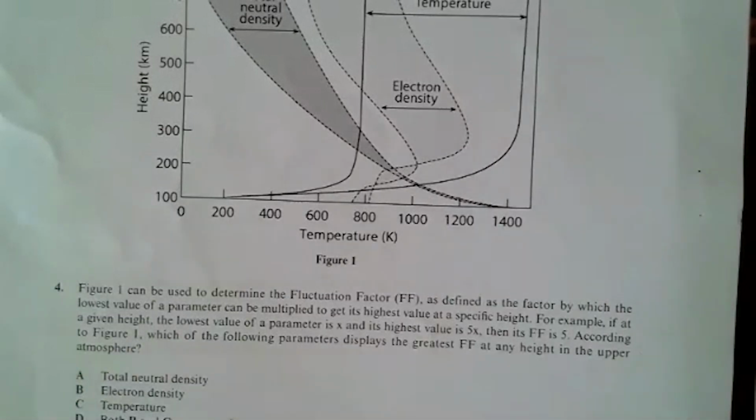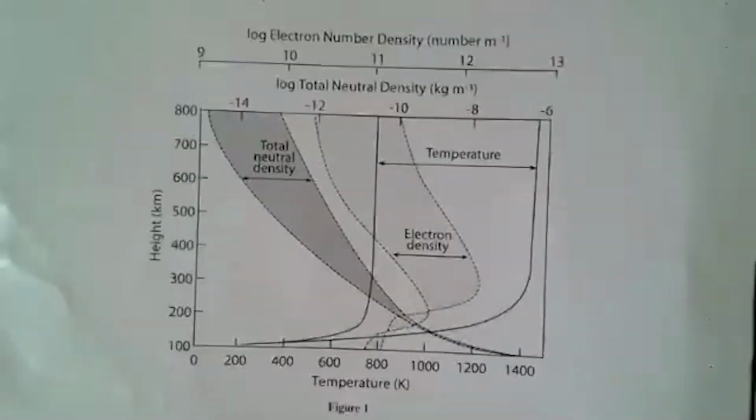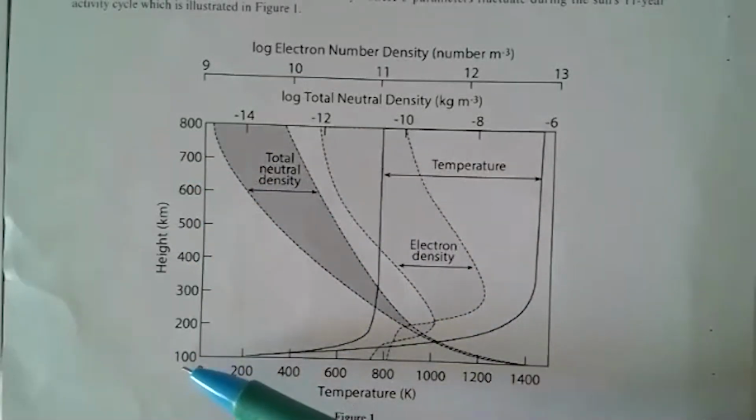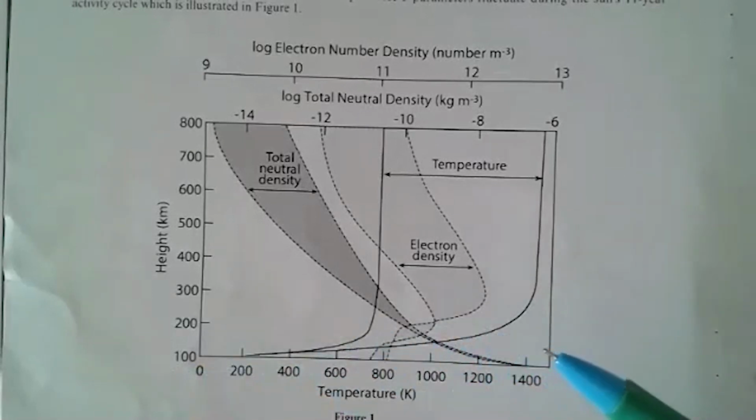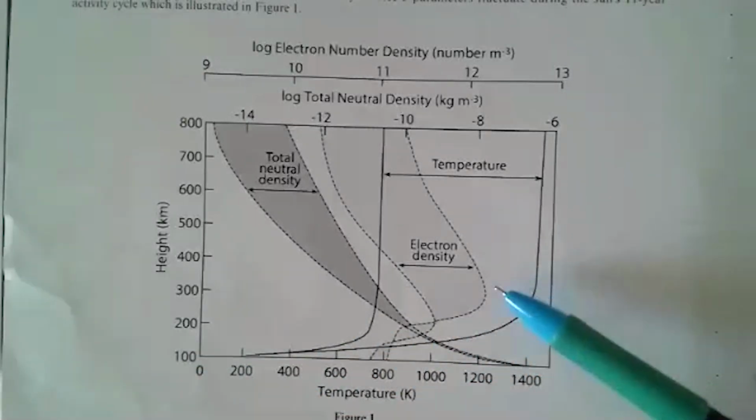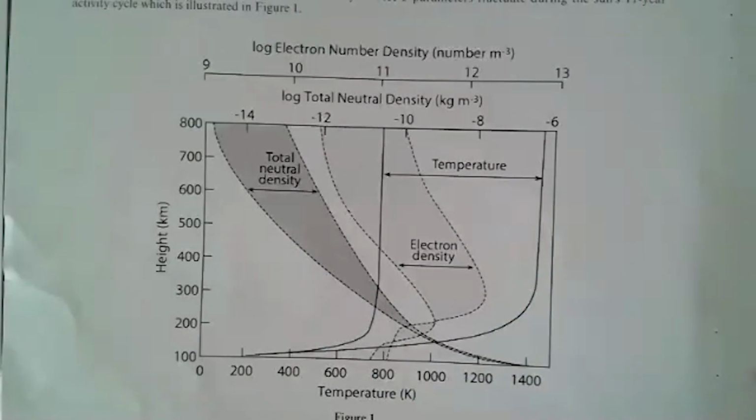So introduction of the idea of a fluctuation factor, and it is the factor by which something has increased. So if the fluctuation factor is 5, that means it increased by 5-fold or 5 times what it was before. Okay, so we keep that in mind. And then it's saying if you, at any given height, look at the parameters of temperature, electron density, and neutral density, which one has the greatest fluctuation factor?